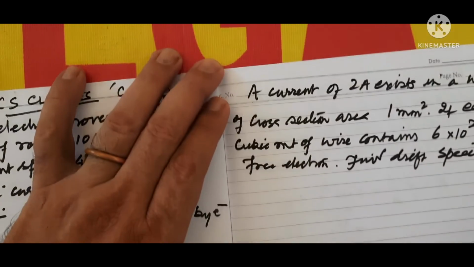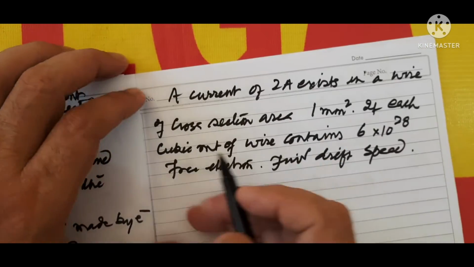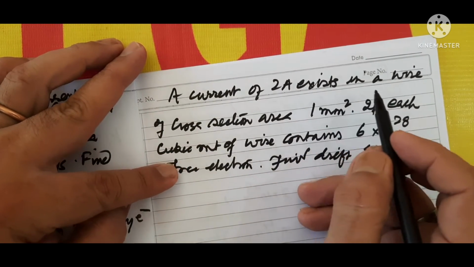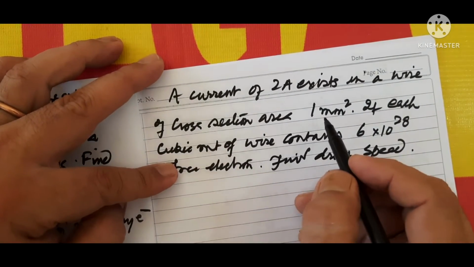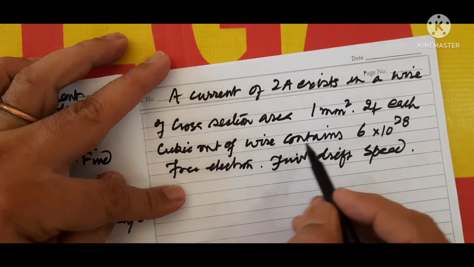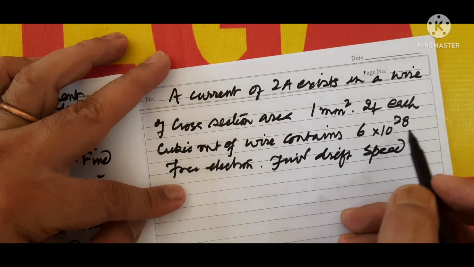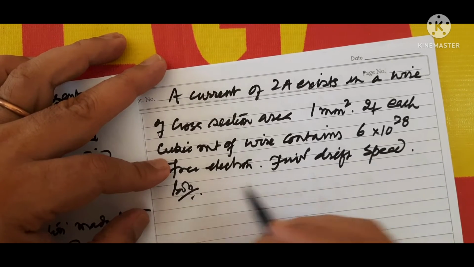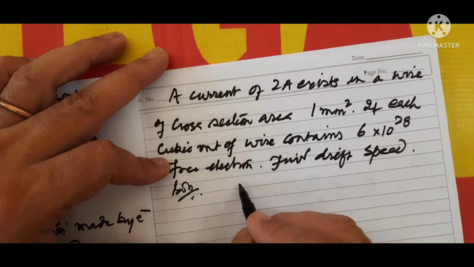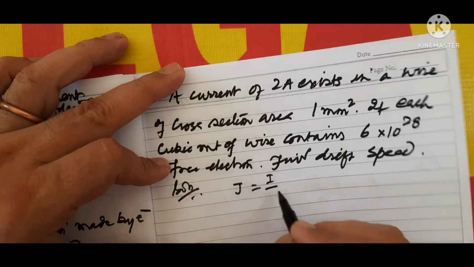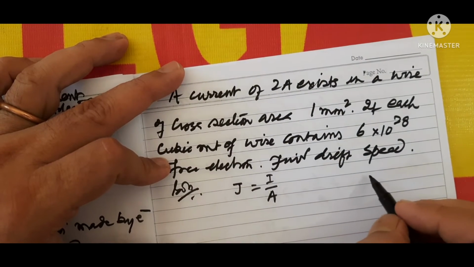Another question: a current of 2 ampere exists in a wire of cross section area 1 millimeter square. If each cubic meter of the wire contains 6 into 10 to the power 28 free electrons, find the drift speed. So how are we going to find it? First, in this type of question you have to find the current density, which is equal to I by A. Why current density?